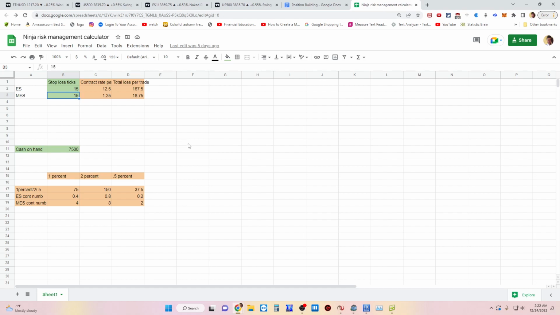So what I've come to learn to love is to do a 30 tick, a really wide stop loss, and then do one contract, so half of 1%.